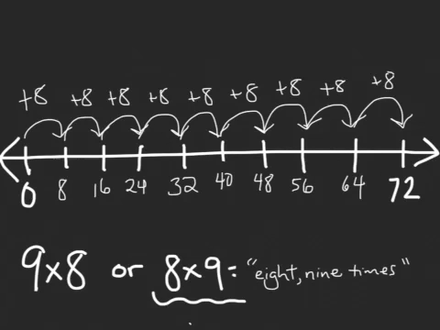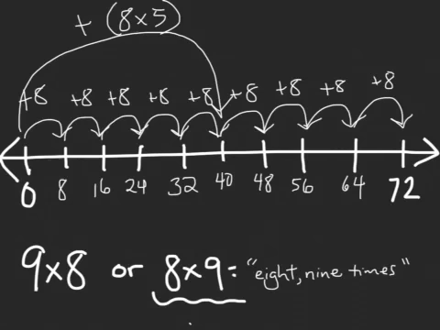Like I said at the beginning, not super efficient, but it definitely reinforces that repeated addition. And if a student knew a certain fact, like 8 times 5 gets me to 40, then they might be able to use that and then build off of it and continue on the number line. Okay, now let's look at division.